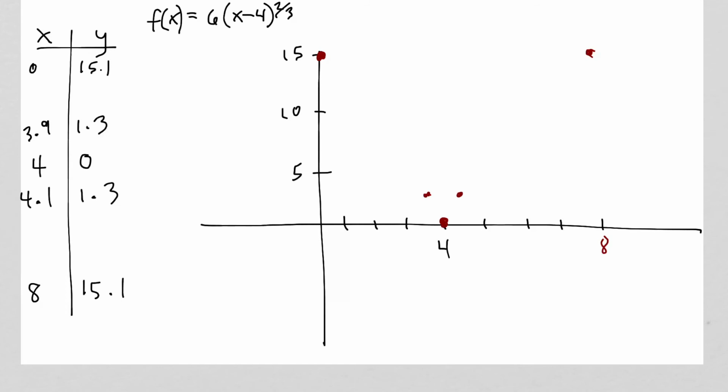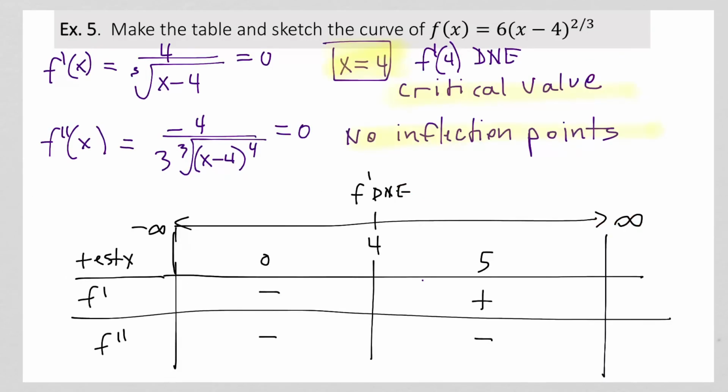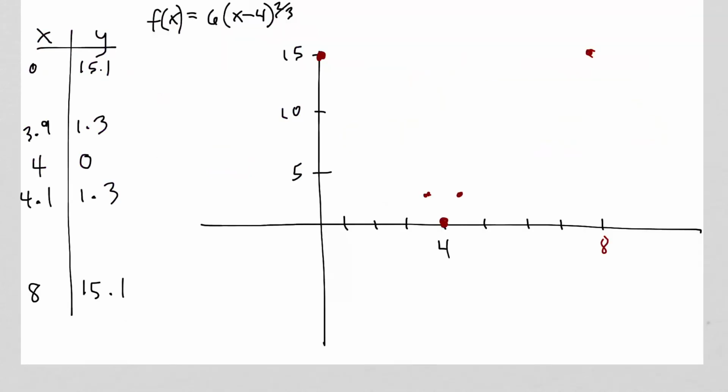Now, let's see what our concavity tells us. So if I go back to look at our chart, I'm going downhill to the left of 4, and I'm concave down.